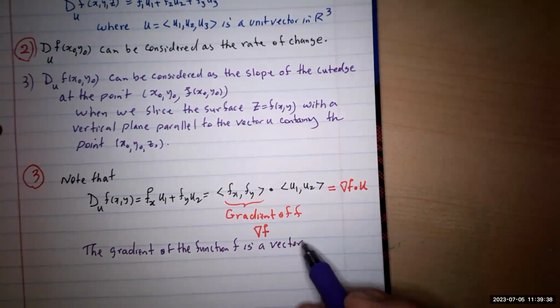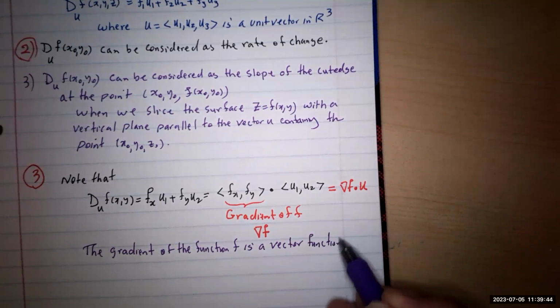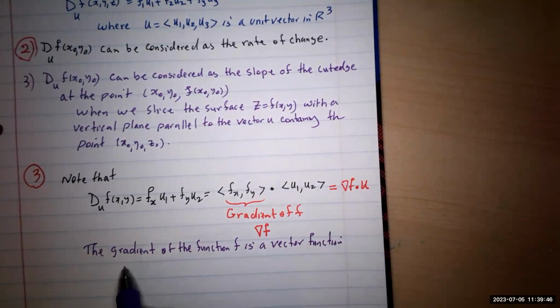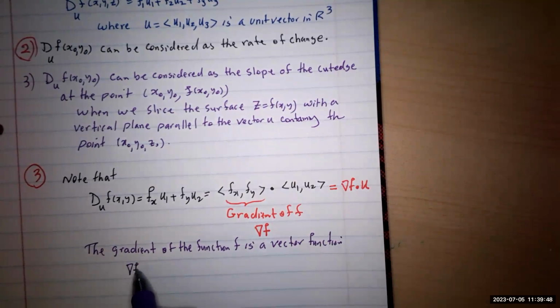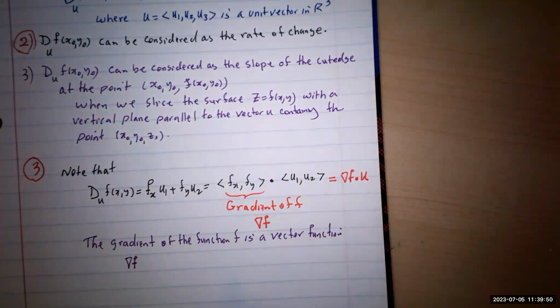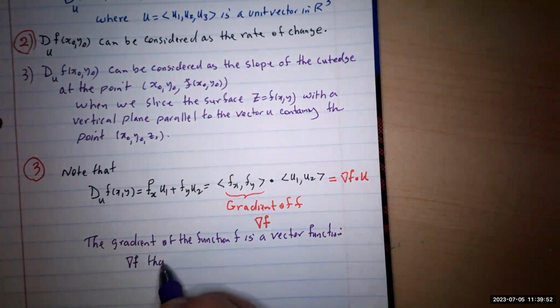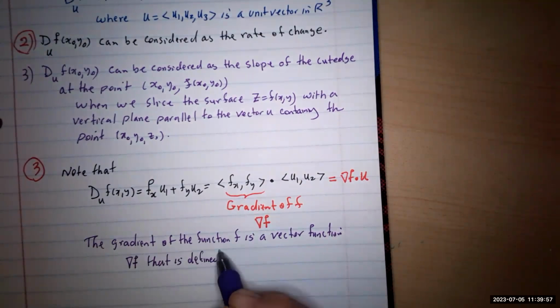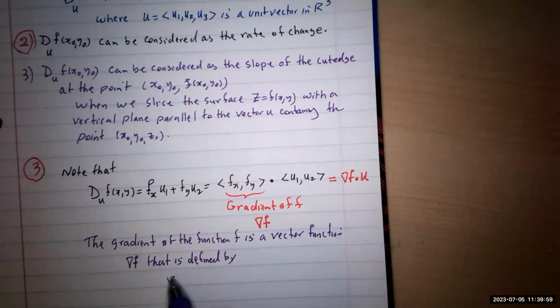It's going to be a vector function, if you like, denoted by del f. And I make it official: it's defined by the grad of f being simply the partial derivative with respect to x and the partial derivative with respect to y.